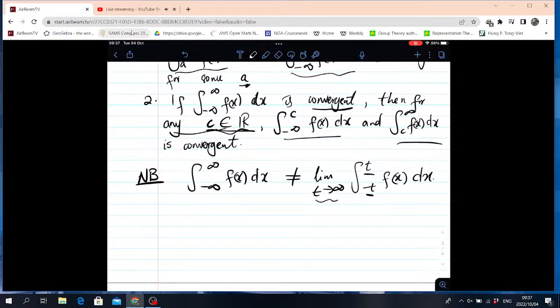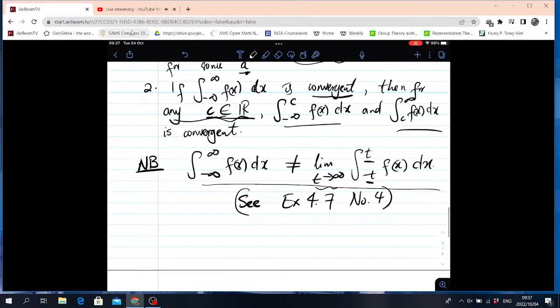You can see that it's not true by looking at exercise 4.7, number 4, which will show you that indeed this is not true in general, right? So here we are not going to do an example. You can look at that example to just see that this doesn't work.